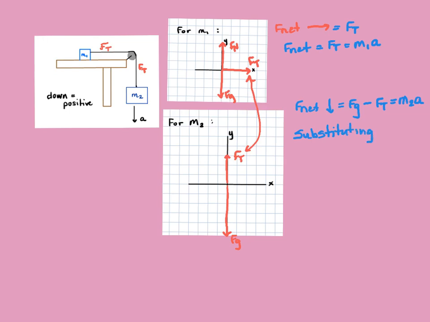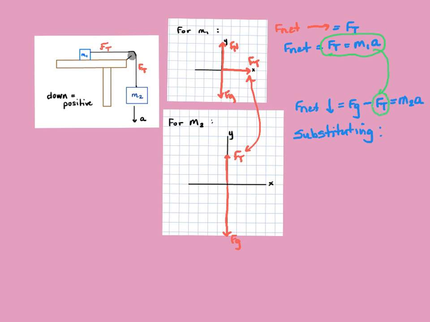We know that FT equals M1A, so is it okay if I just plug in M1A for FT?